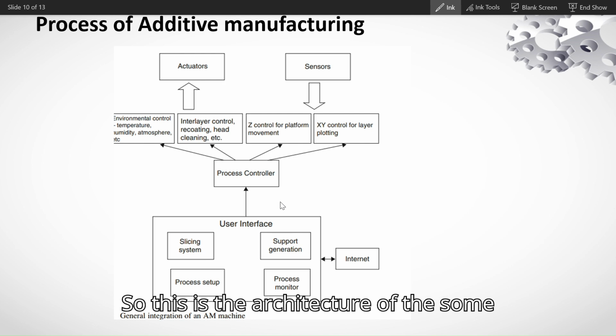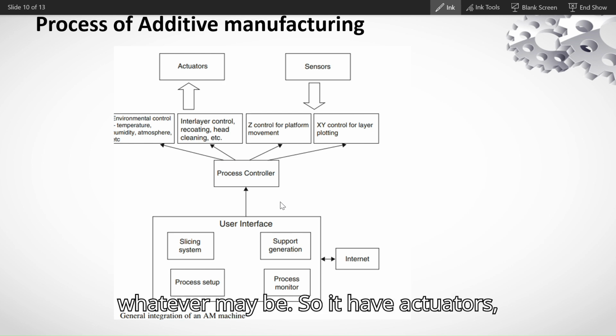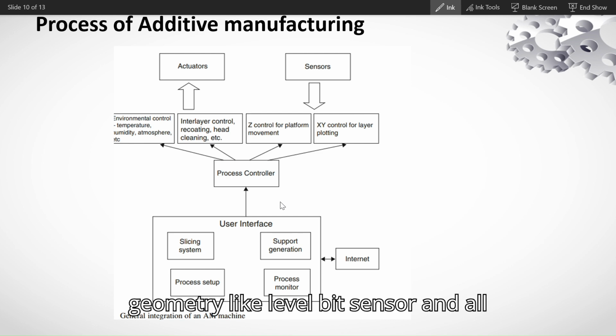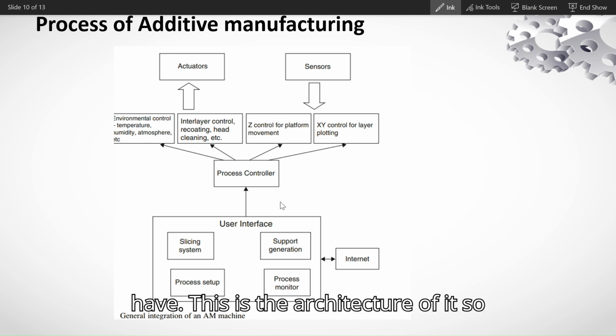So this is the architecture of a 3D printer. It has actuators, sensors, a temperature sensor, a speed sensor, a geometry or level sensor, and platform control. This is the architecture of it.